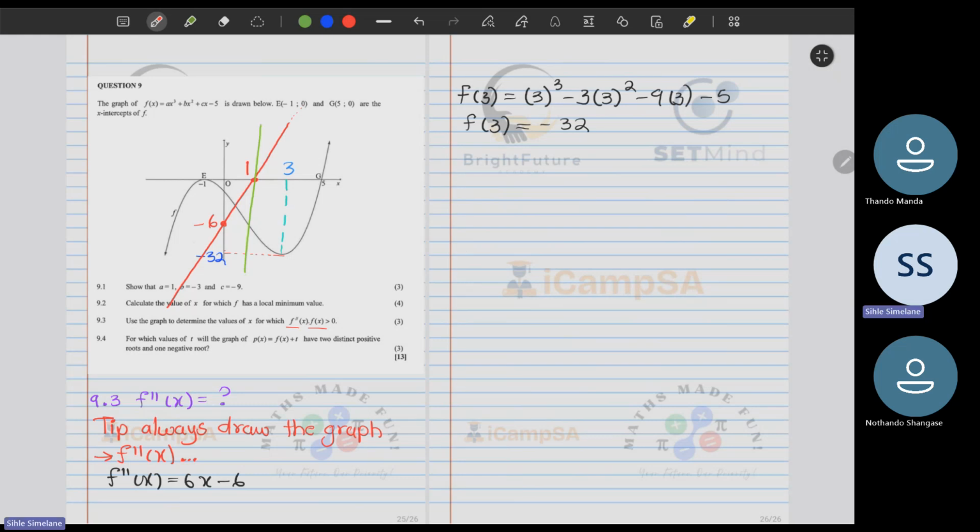So it will be negative if you look from that direction. So it means that we are going to have as our answer any x value that is between 1 and minus 1.